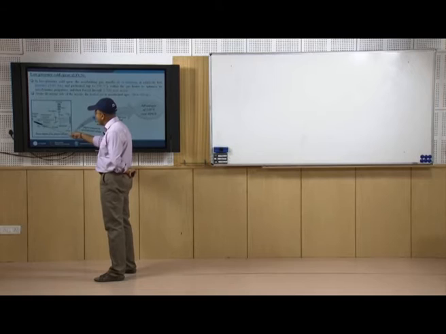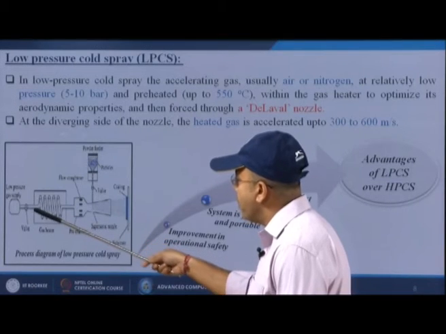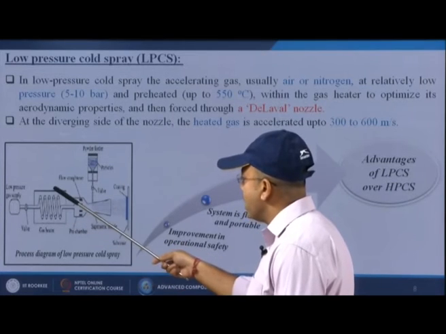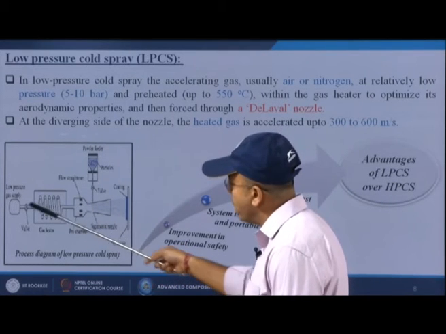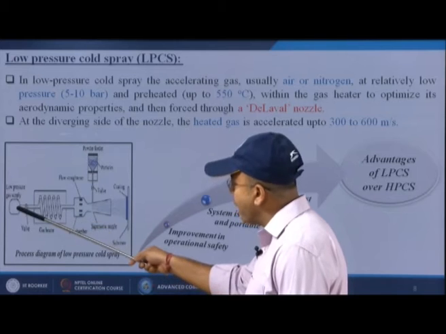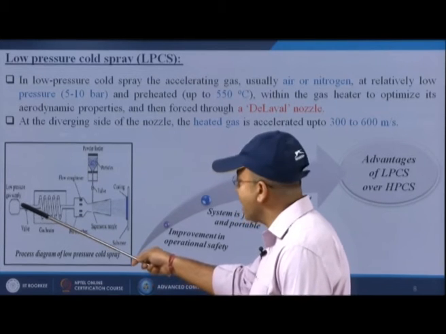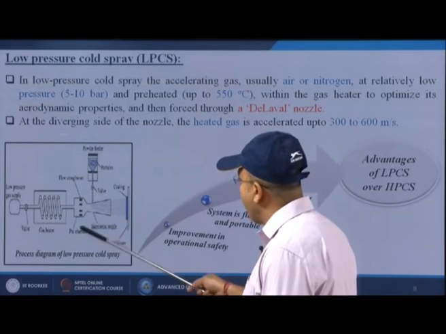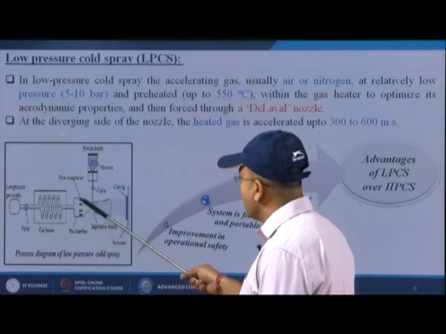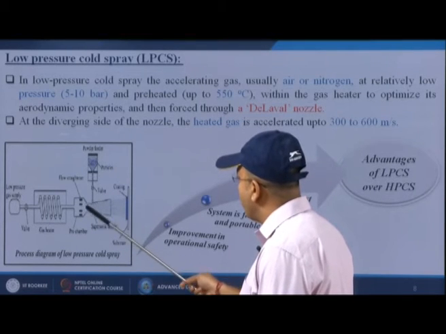Here, simply, instead of high pressure gas we are supplying low pressure gas, then we have some valve, then we have that gas heater. That means this heated gas should not come out, or should go back to the gas pressure assembly. Then after that we have a pre-chamber, also known as the flow straightener, over here.